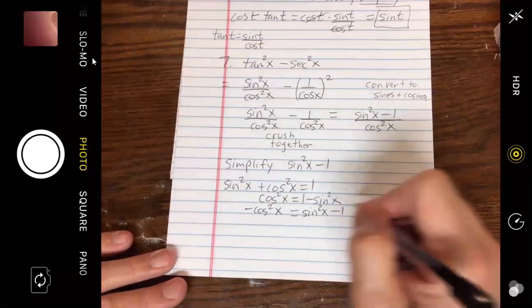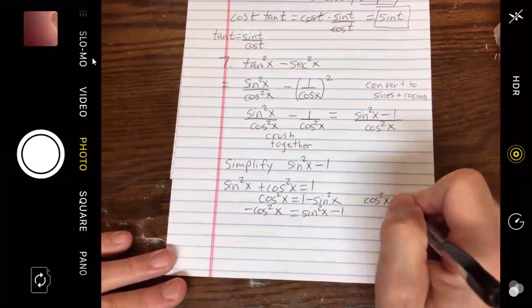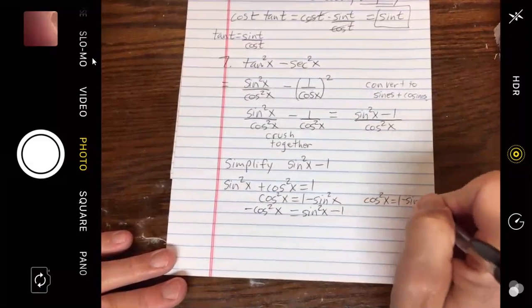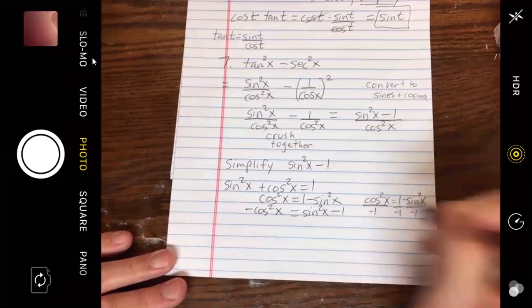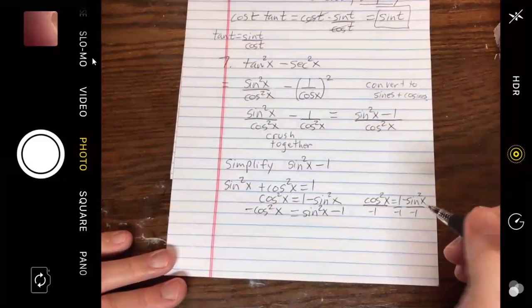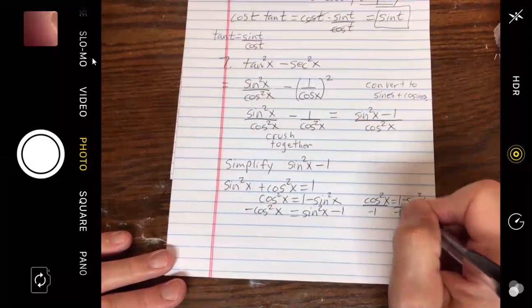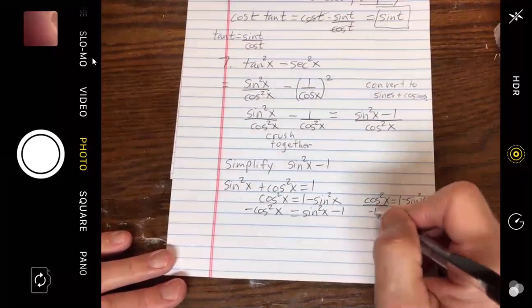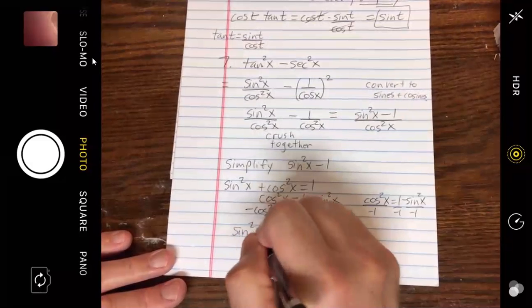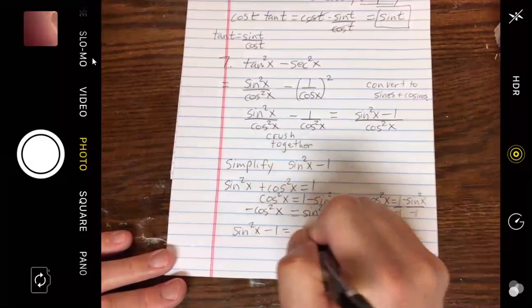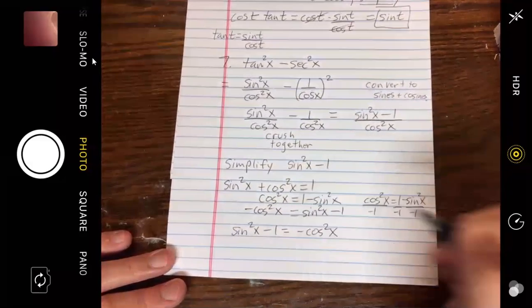It's like dividing through by -1. There's a positive sine squared minus 1, and you have a negative cosine squared of x. So sine squared minus 1 is equal to a negative cosine squared of x.